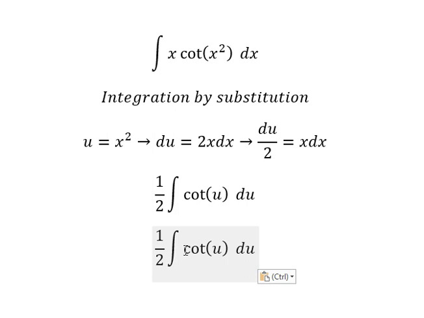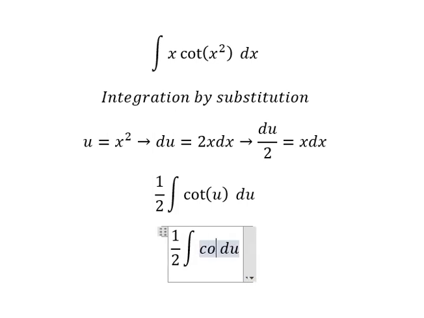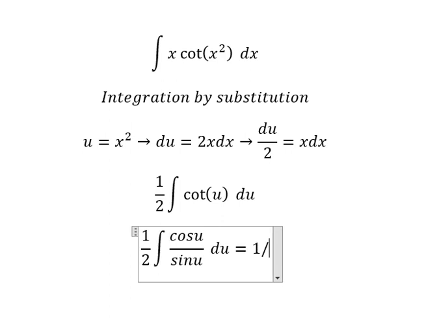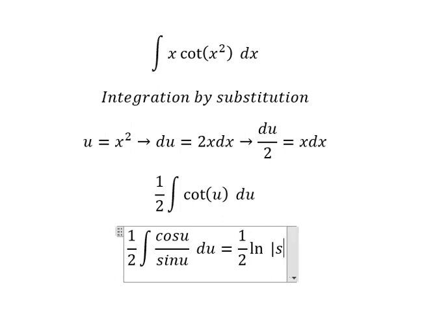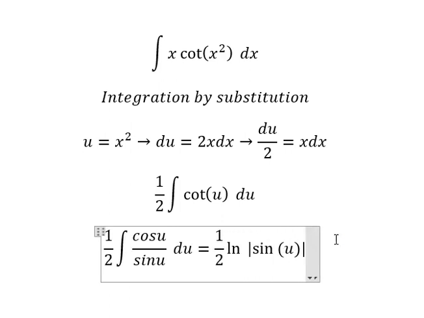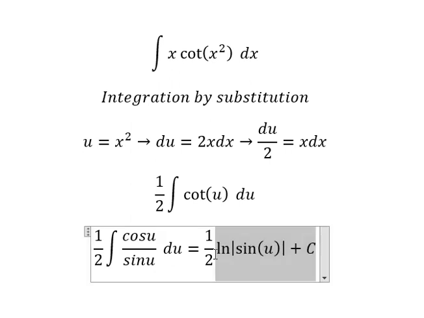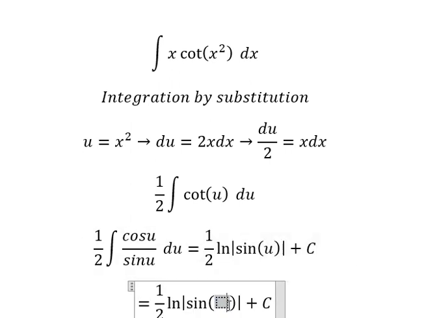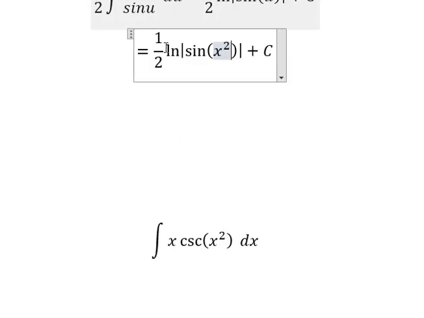Cosine u, that is cosine u over sine u. And now we have the final answer. About u, that is s squared. And that is the answer for question number 2.